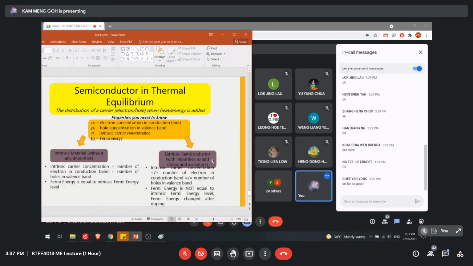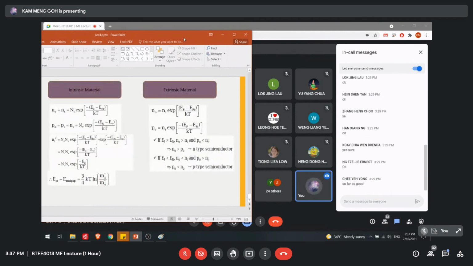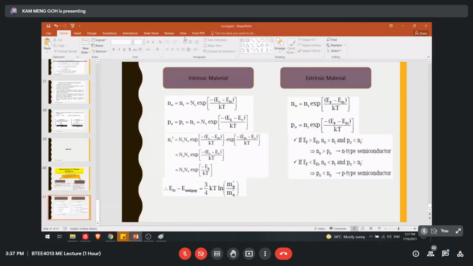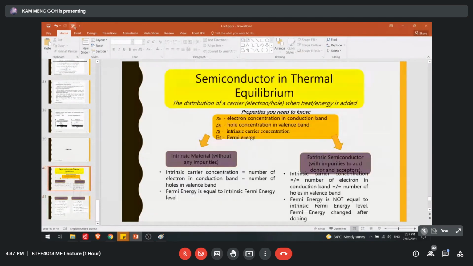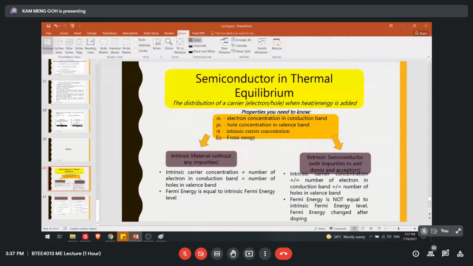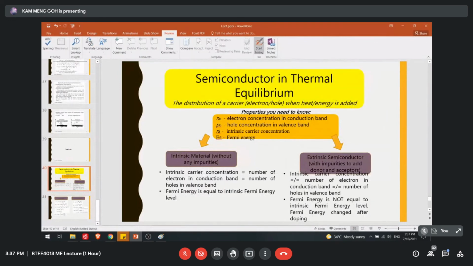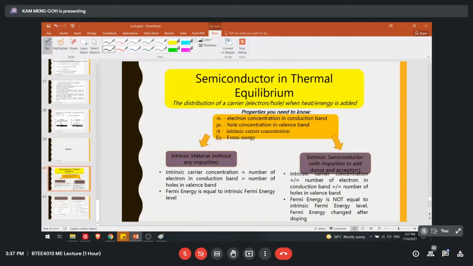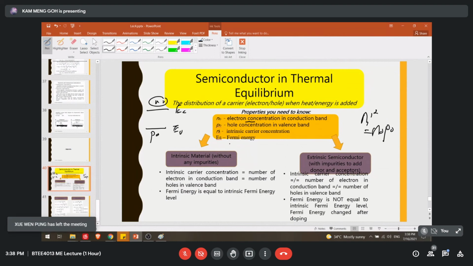As a conclusion, you can see this diagram. Let me summarize everything here. NO is the electron concentration in the conduction band. EC, EV: NO is somewhere between here, PO somewhere between here. Ni squared equals NO multiplied by PO. EFI is the Fermi energy level.